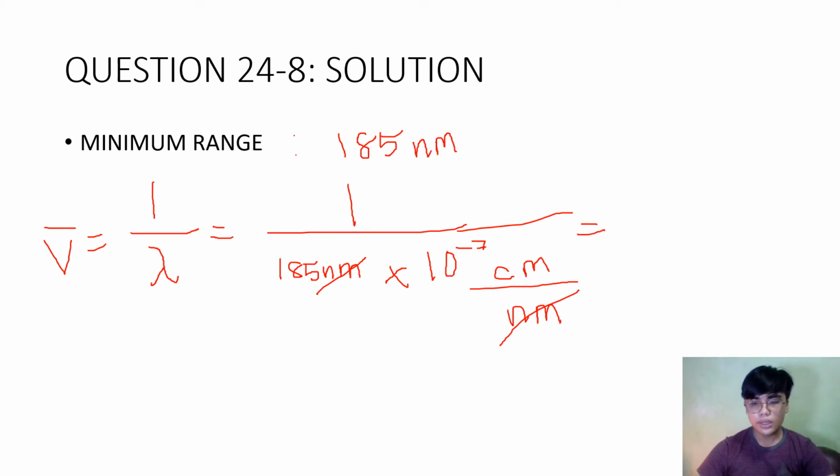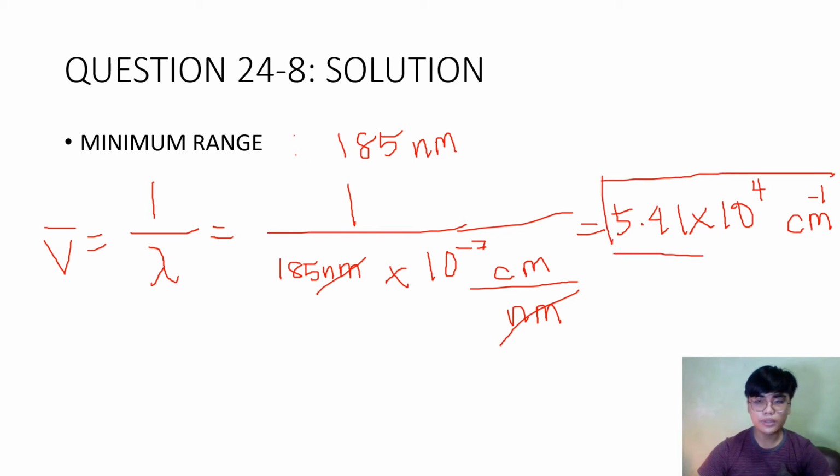Our resulting value for the wave number at the minimum range of frequency is 5.41 times 10 raised to 4 centimeter negative 1. So this would be our minimum frequency range.